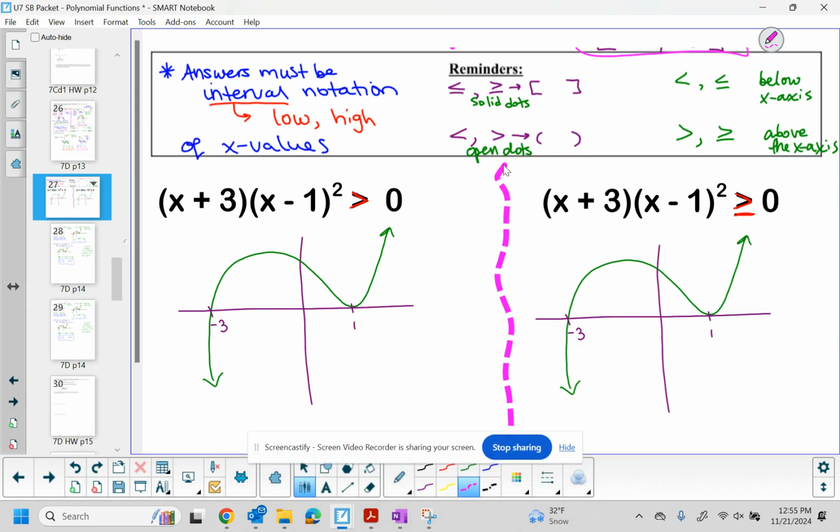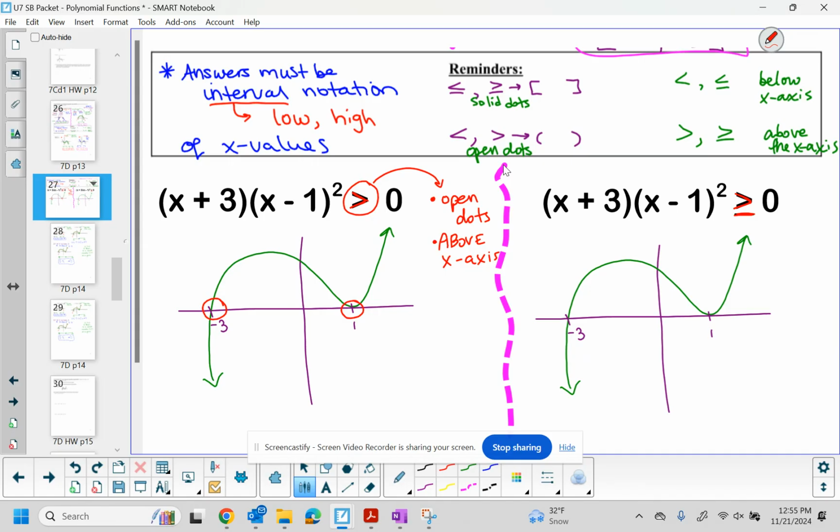When you have a greater than 0, that means that we're going to have open dots, and we are going to be above the x-axis. So I'm going to do an open dot at every x-intercept, because that's where the function is equal to 0, but I don't want where it's equal to 0.